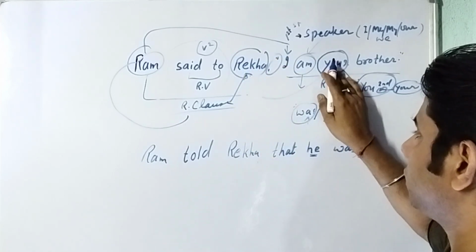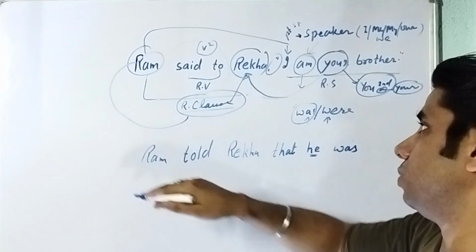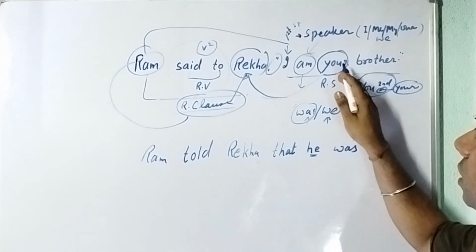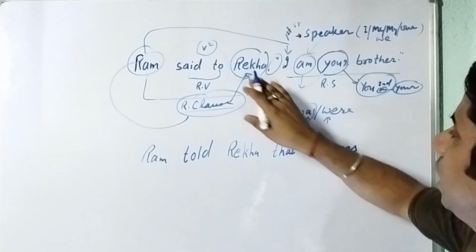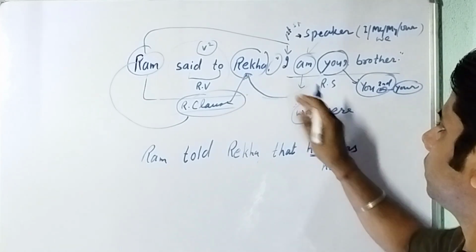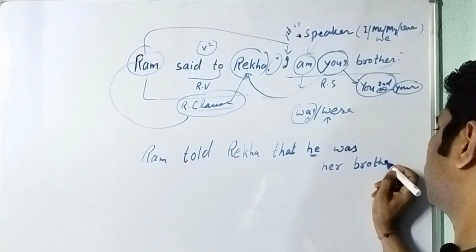It is given Rekha, so Rekha is a female, showing possession, so we have to convert Rekha to her. We can write here her. After that, it is given brother, so you can write brother.